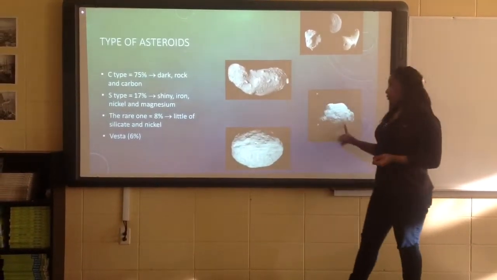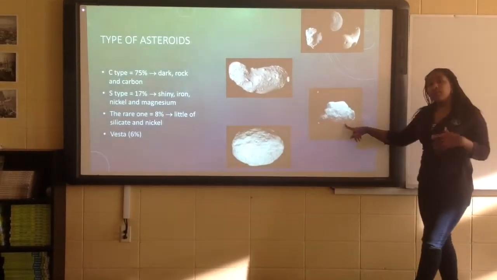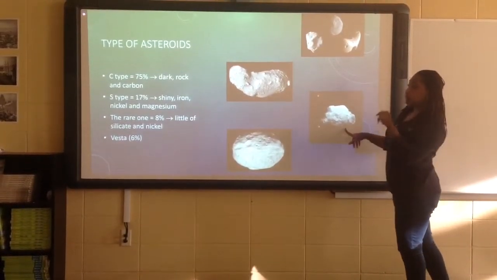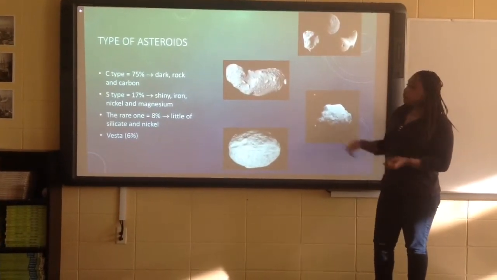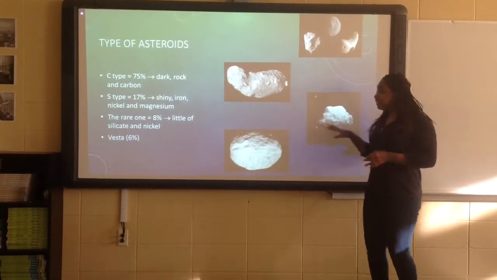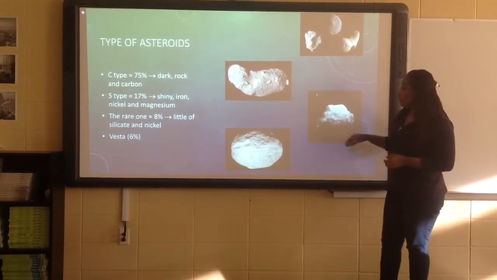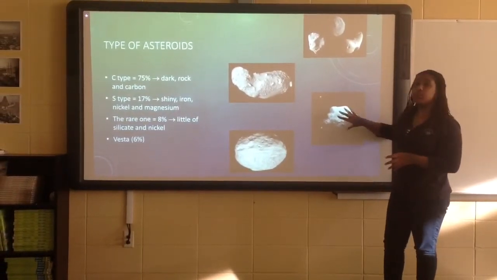The third one is the M-type, which represents 8% of them, and they're composed of iron, nickel, and a little silicate, but they're the brightest ones.